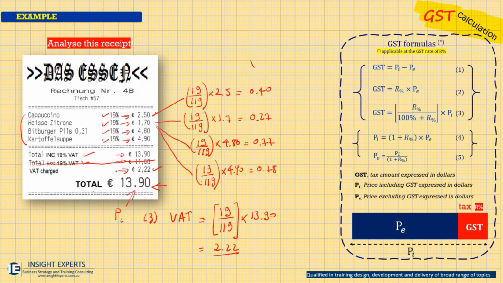So that's the VAT amount here. Okay, so if I add up all the VAT amounts, I will end up with 2.22, which is the same as the one we got at the total level.